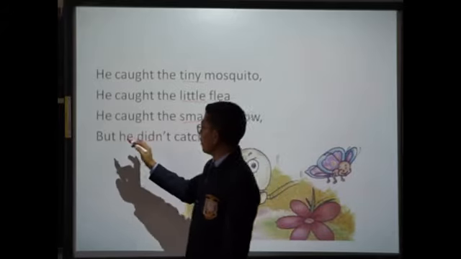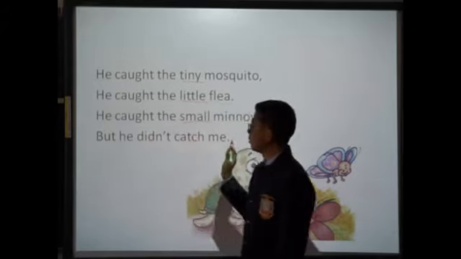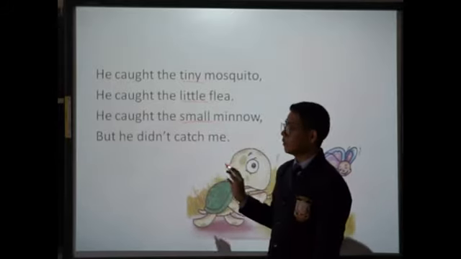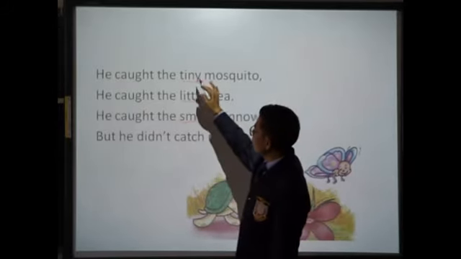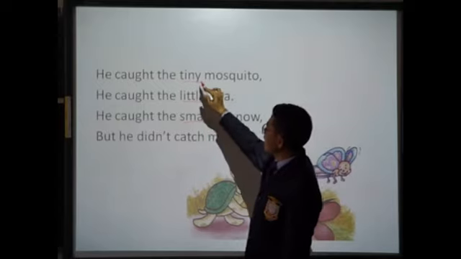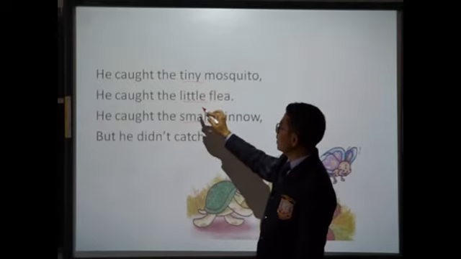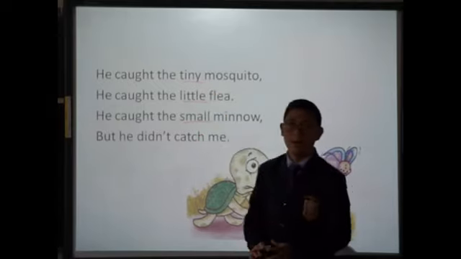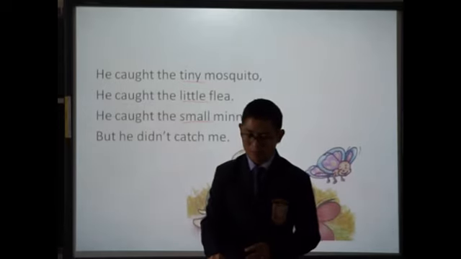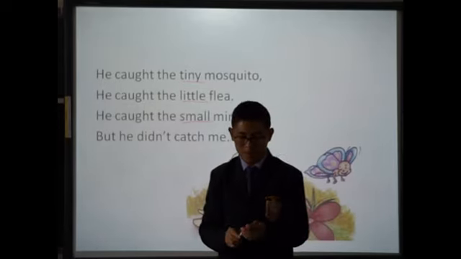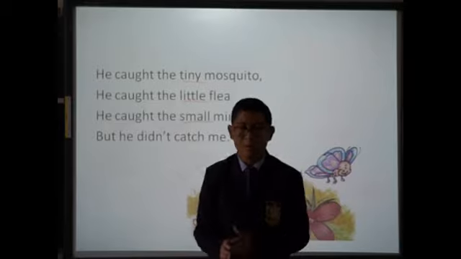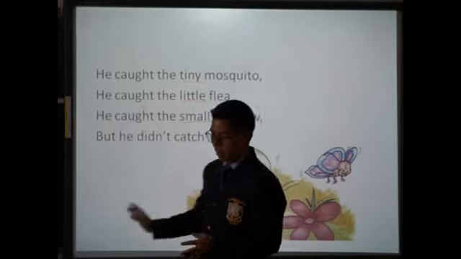And then, but he didn't catch me. This is the end of the poem. Tiny, little, and small are your describing words, which are adjectives. So we have done this.